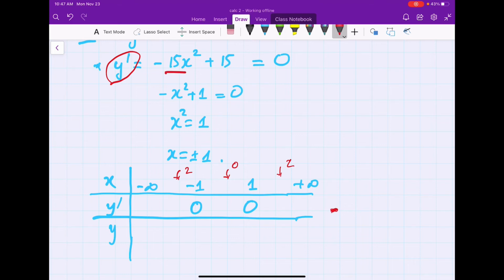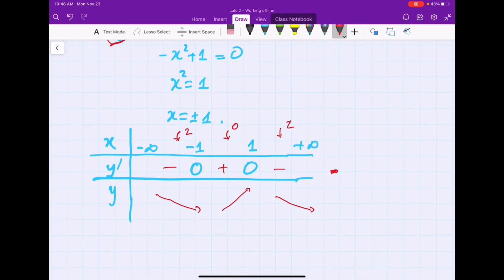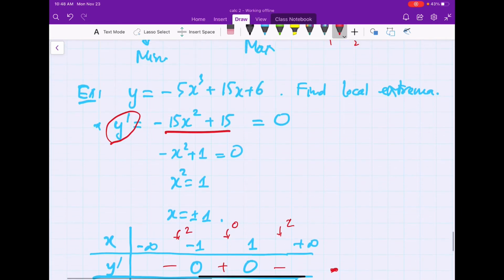So at 0, the derivative is 15, positive. At 2, the derivative is negative. At negative 2, the derivative is also negative. So the function is decreasing, increasing, and decreasing here. So you can find local minimum, right, at negative 1. Now I plug negative 1 into the function, right?